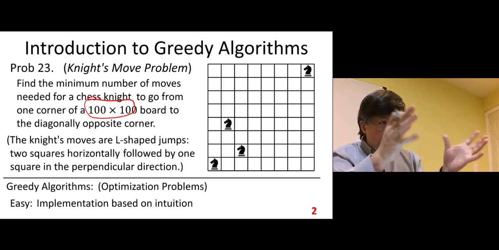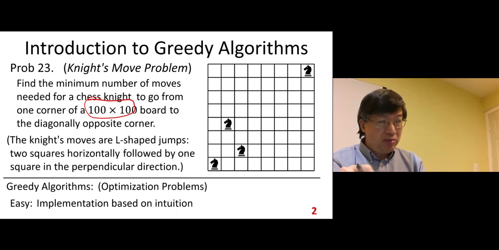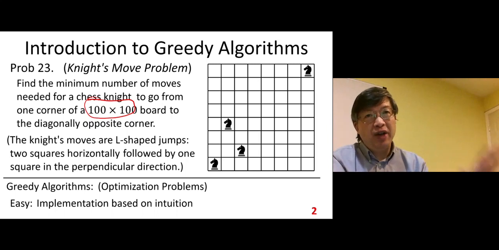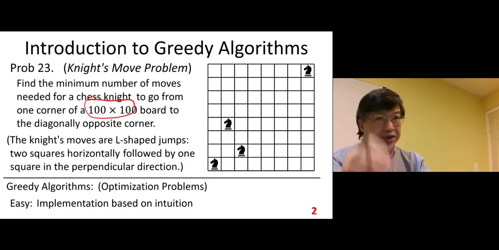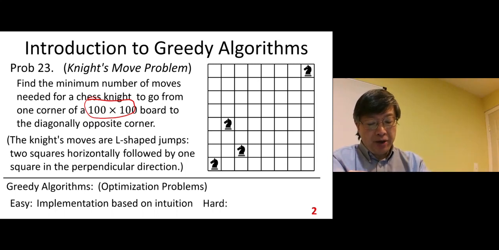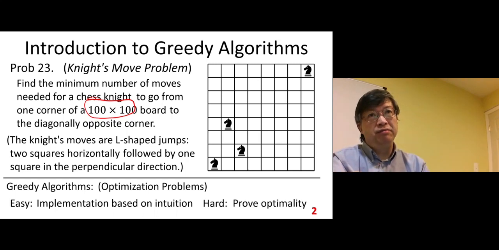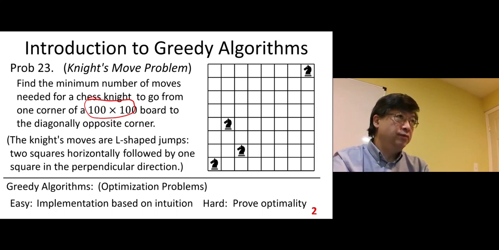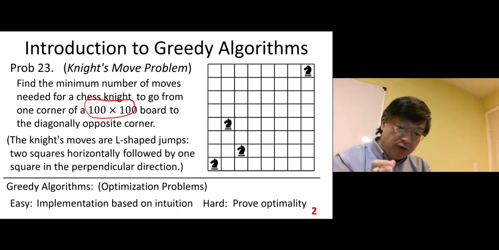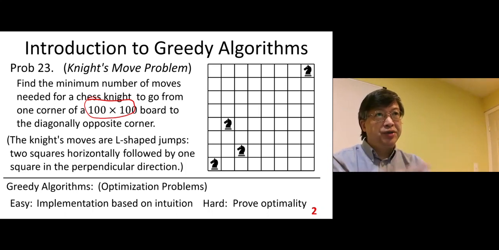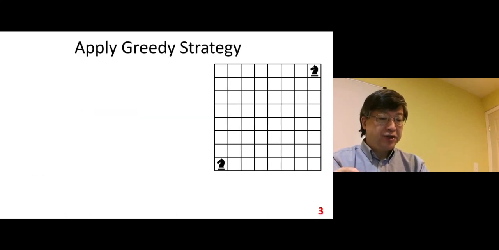When you make a local decision, not a global decision, you just get the best you can get. That's why from the implementation point of view, it is relatively easy. But there is a hard part. The hard part is proving optimality. How do you know this is the best solution? That part is hard to prove. So let's look at this example to see how to do these two things.